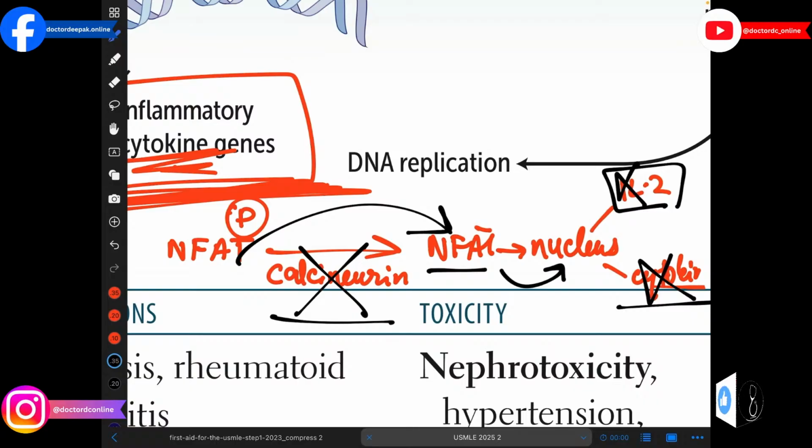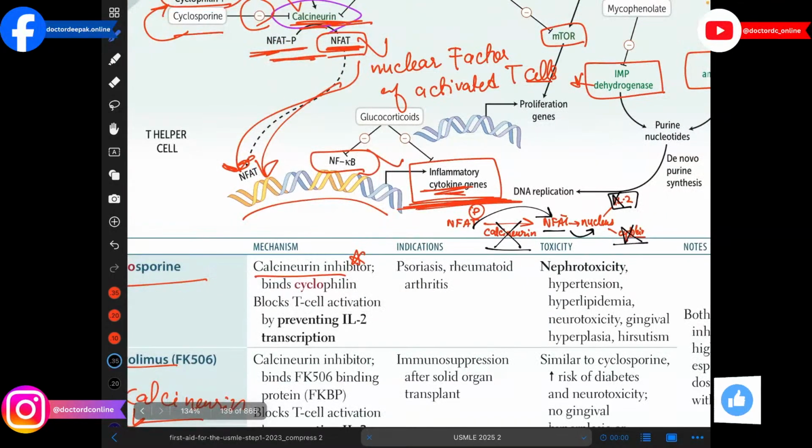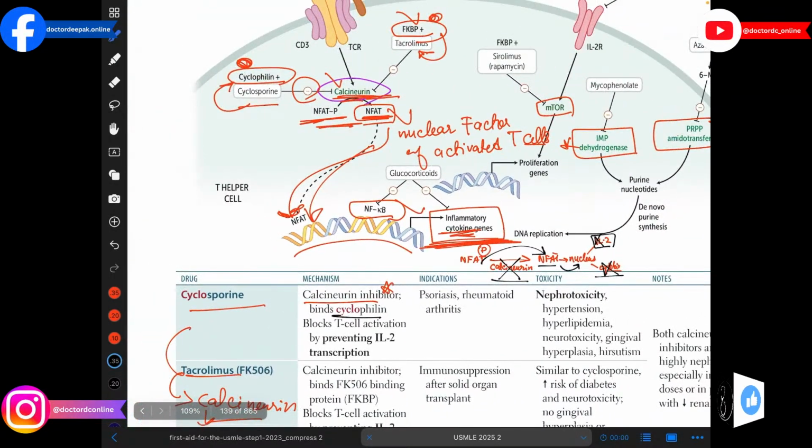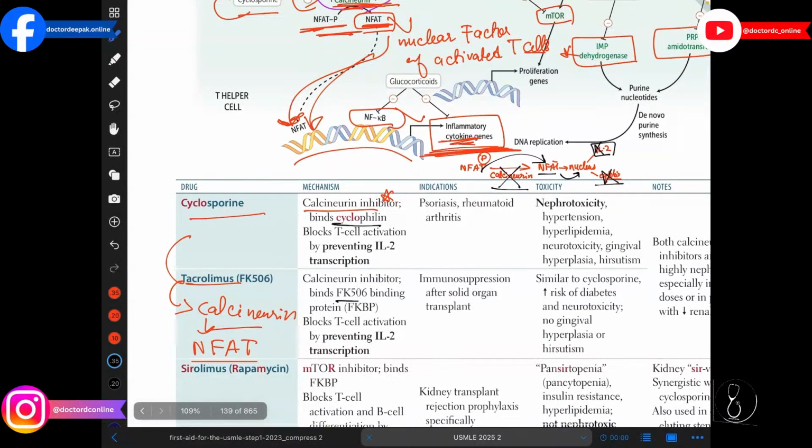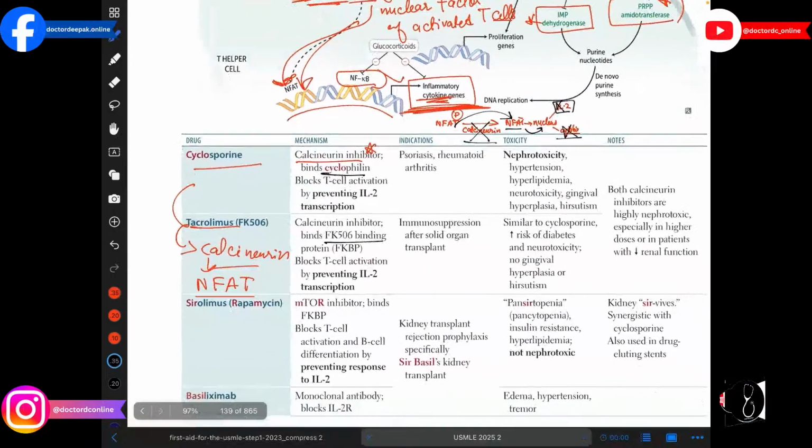Cyclosporine is going to bind cyclophilin, and this complex inactivates calcineurin, and tacrolimus is going to bind FK506 binding proteins. These are mostly given for autoimmune diseases and organ transplants, and they both have similar side effects.